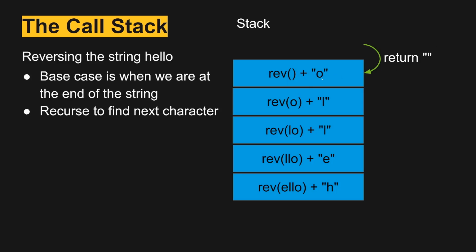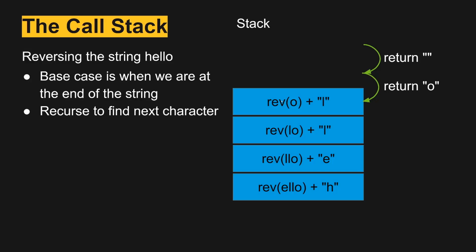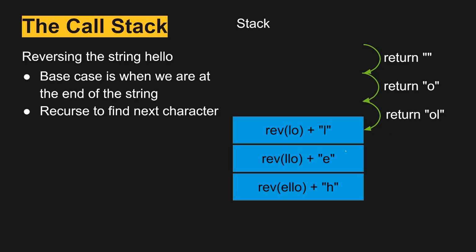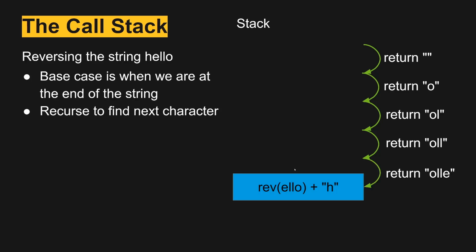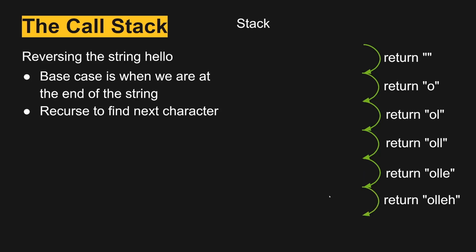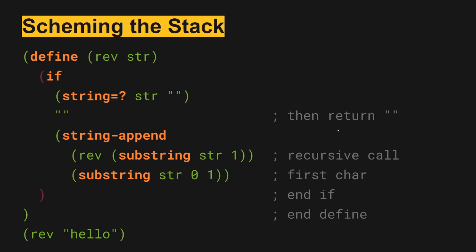Nothing plus O is going to be O. So O is returned, and now we add L to it. And so we have OL because we're adding to the end of the string. We're adding another L to the end of the string. So we return back OLL and add E to it. Then we have OLLE, and then we add H to it. And we have OLLEH.